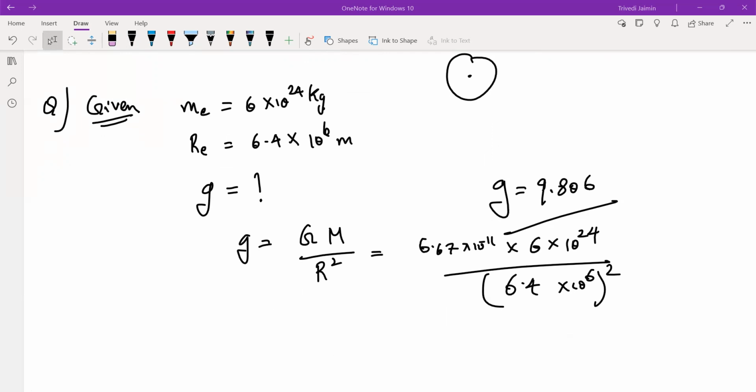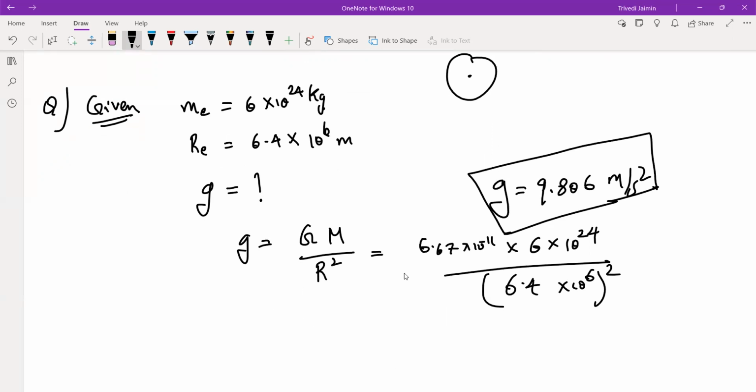Answer please. 9.806 meter per second square. No one got 9.807? No, sir. Okay, then let's fix this.